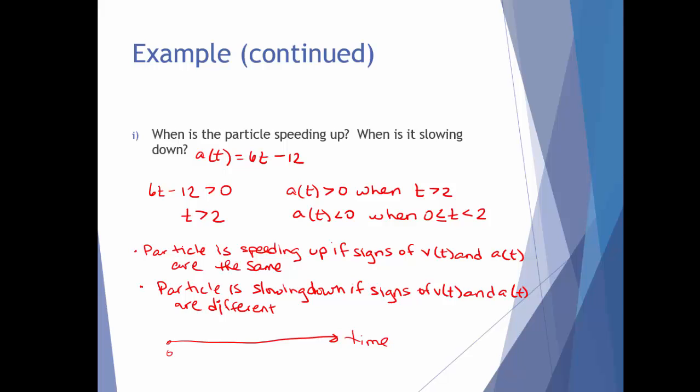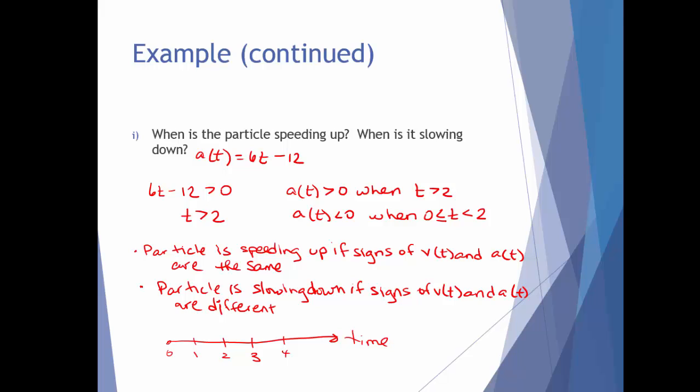I look at between 0 and 1, 1 and 2, 2 and 3, and so forth. The reason I'm choosing these numbers is because I know that my velocity was equal to 0 at 1 and at 3. So my particle was at rest at 1 and at 3. The reason I included 2 is because my acceleration is switching from positive to negative at 2.